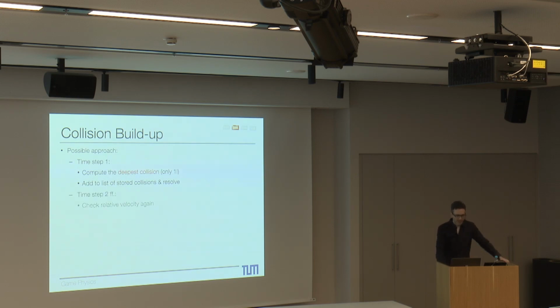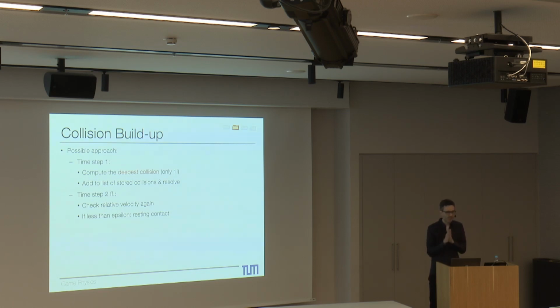For the first step, that's obvious. If we don't have colliding ones, we take the very worst one in the first step and then check the current ones that we have. The first step is just potentially 1 or 0, but we check the relative velocity of the ones that we have. We classify.